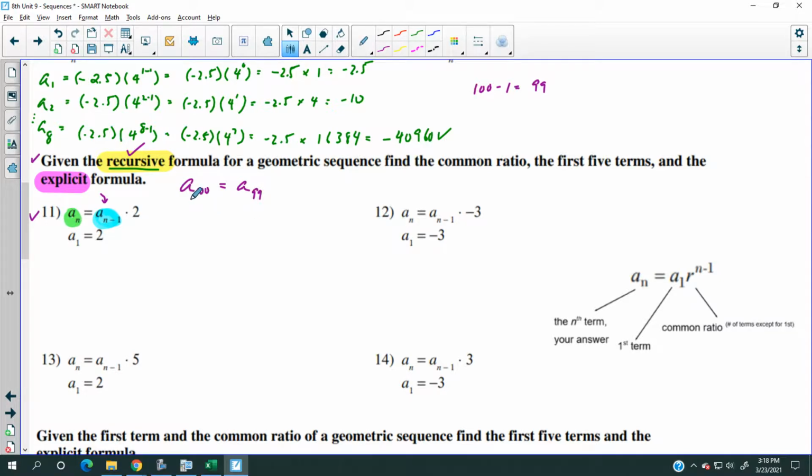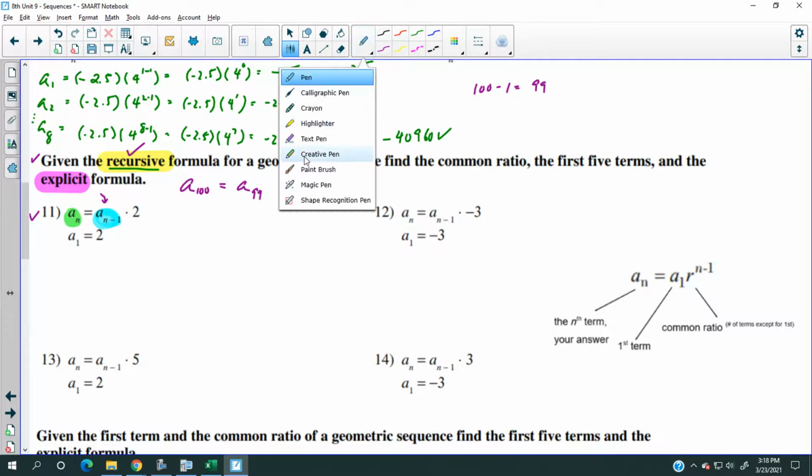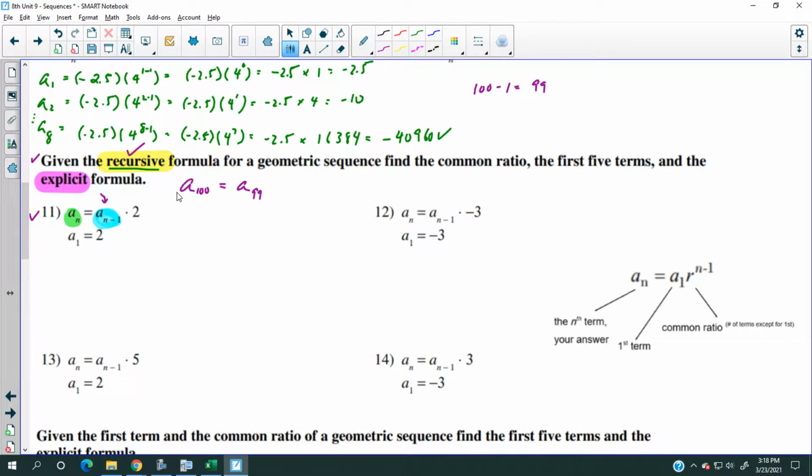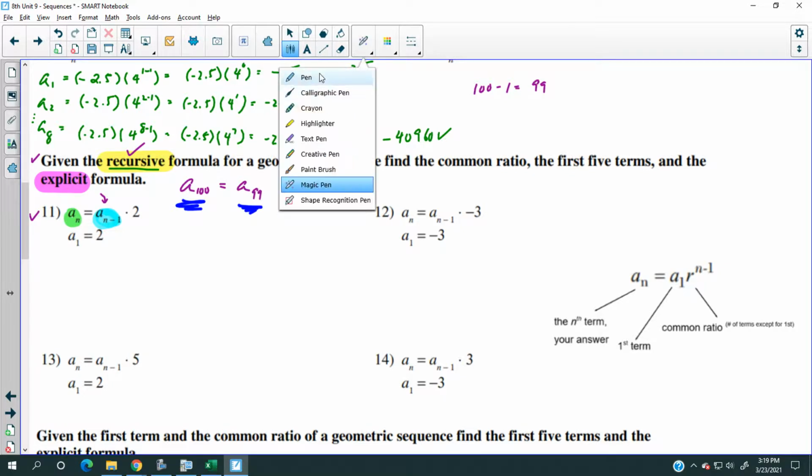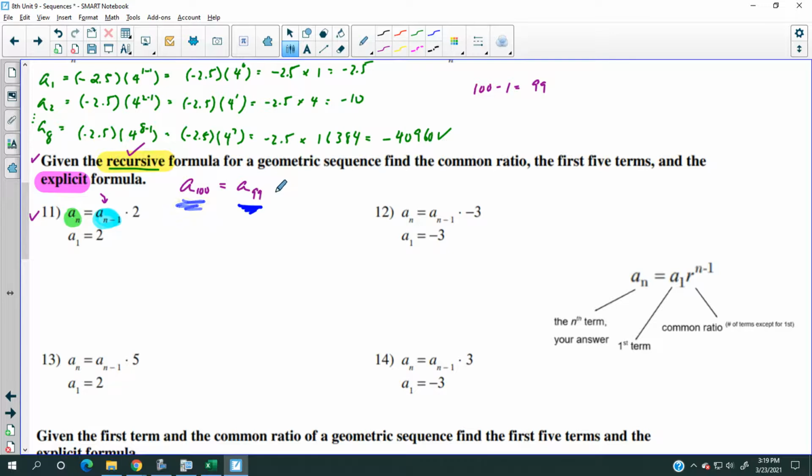If you want to know what the 100th term is, you take the term before that, the 99th term, and you multiply that by 2. Isn't that interesting? So what does the 2 actually tell you? Yeah, that's the growth factor, or the common ratio.